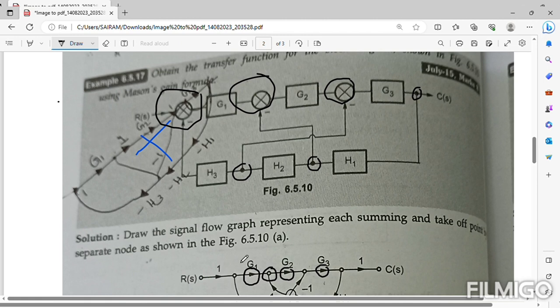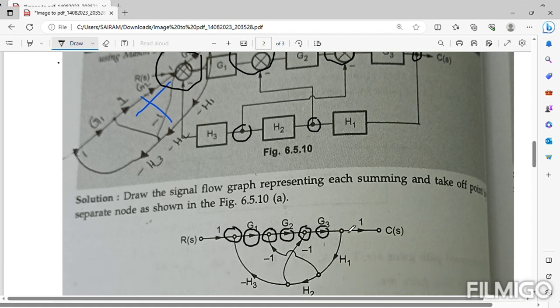Before G1 there is summation point number 3, written as a node here. The takeoff point after G3 is written as a node, the takeoff point before H1 is also a node, and the takeoff point before H2 is also a node. There are 6 nodes: 3 of summation points and 3 of takeoff points.